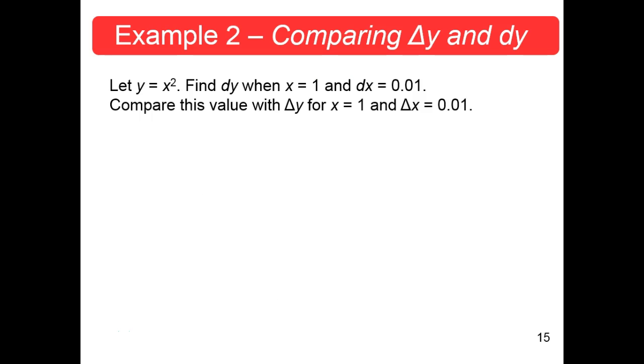Now, we already did example 1. It was pulling teeth. Now we're on page 236. Let's do example 2. Let y equal x squared. Find dy when x is equal to 1 and dx is equal to 0.01.